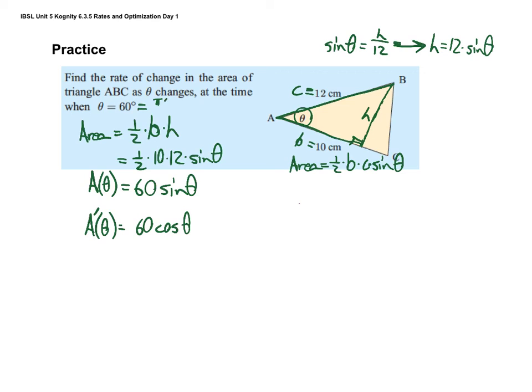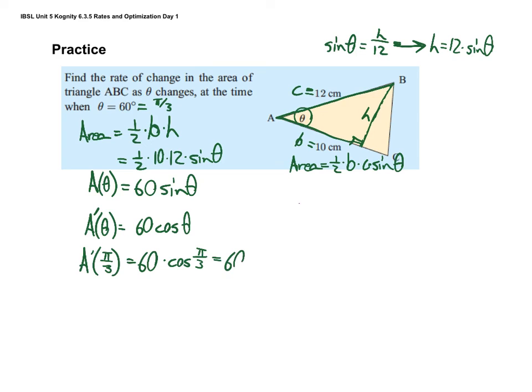So if I want A prime of 60 degrees, it's really A prime of pi over 3. That's 60 times the cosine of pi over 3. Remember what cosine of pi over 3 is? 1/2, good.